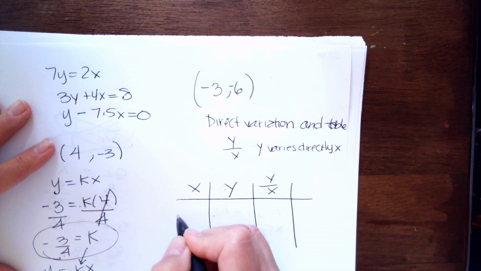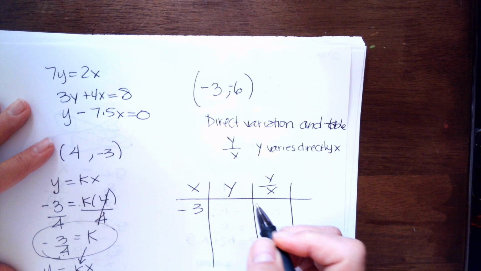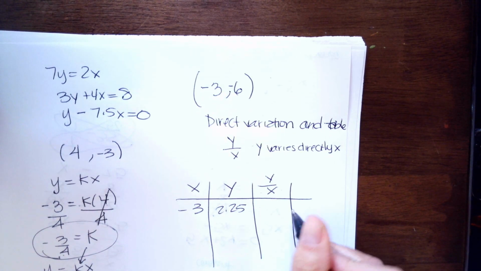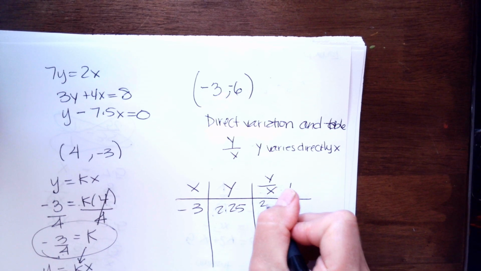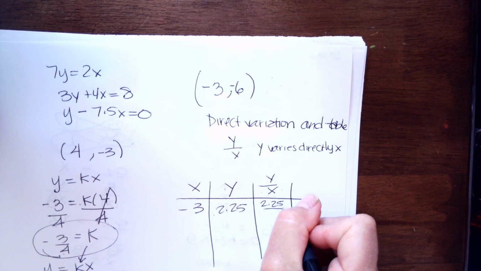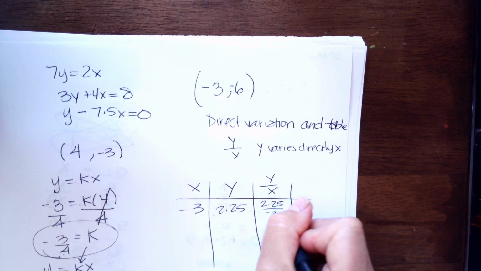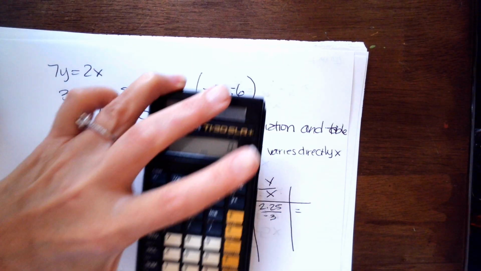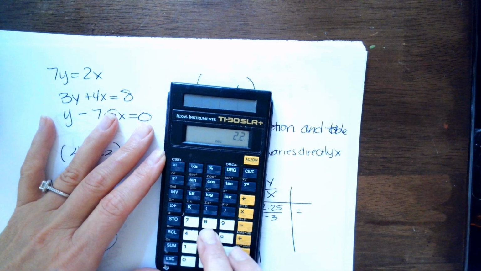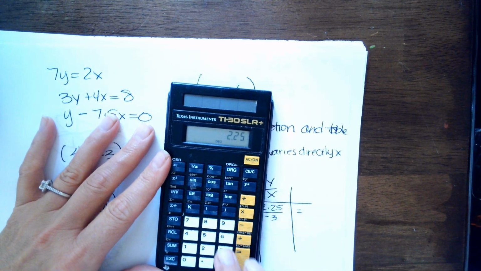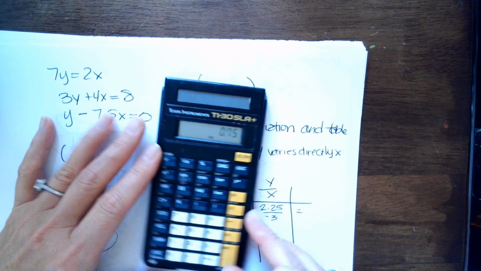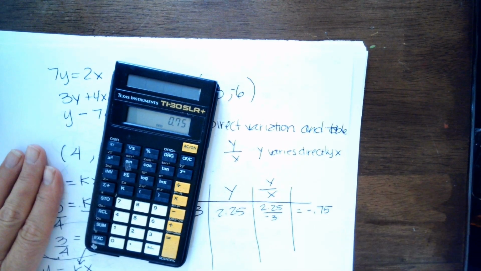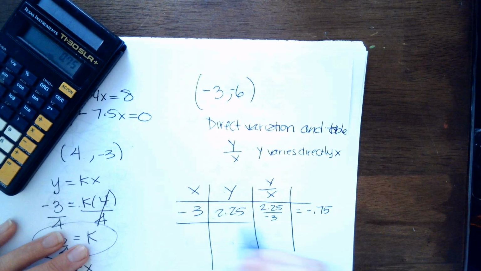So for example, negative 3 and 2.25. Now you're going to plug that in: 2.25 over negative 3. You're going to solve that on your calculator. 2.25 divided by negative 3 is going to give you negative 0.75.